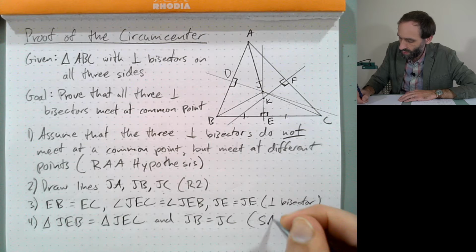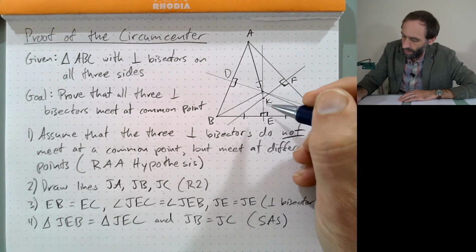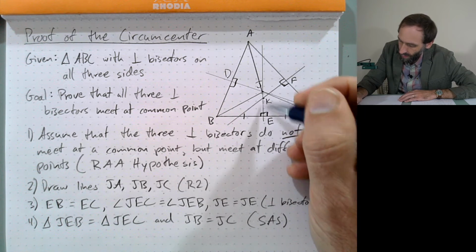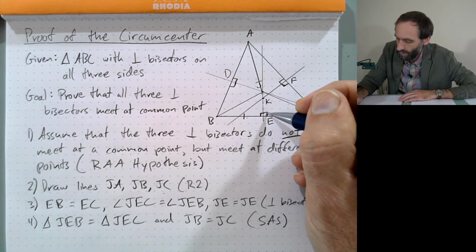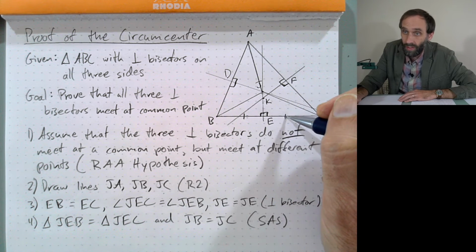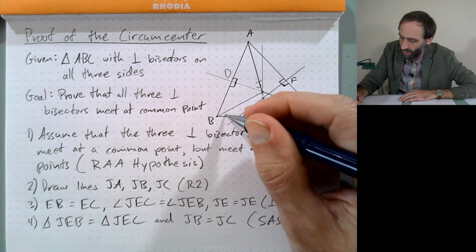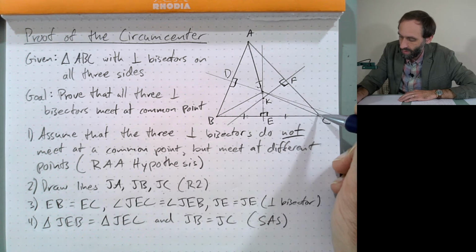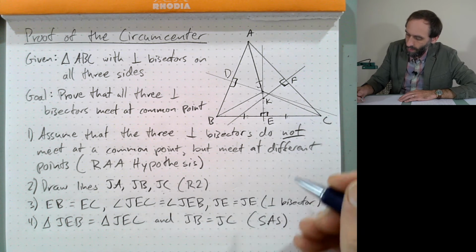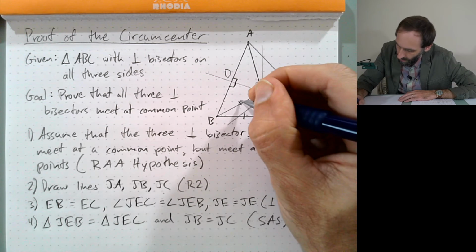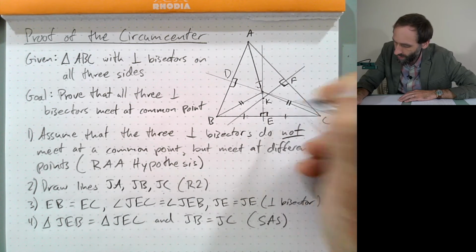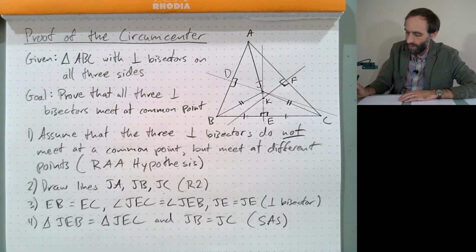Now our justification there is side angle side, because this side is equal to this side, this angle is equal to this angle, and this side is equal to this side. Therefore, this triangle JEB is equal to the triangle JEC. Because the two triangles are equal, these two sides are equal. So side angle side gives us that.